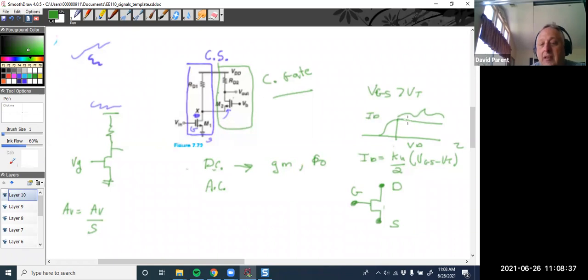But there's some things, like there'd be this slight slope to this line, and the flatter that line, the larger the resistance, all right? And the larger that resistance, the more ideal it will be. And a lot of times you assume that it's ideal to get some quick answers, all right?